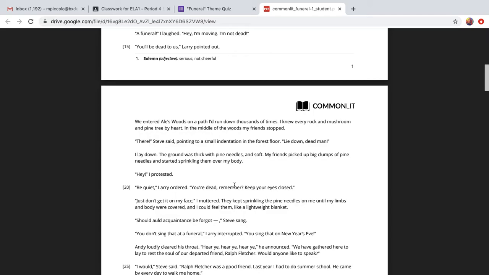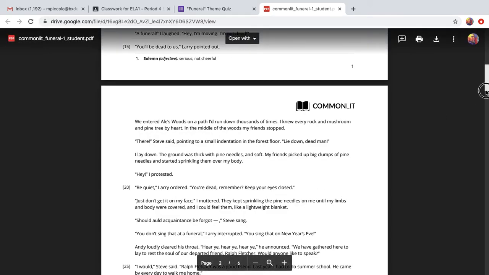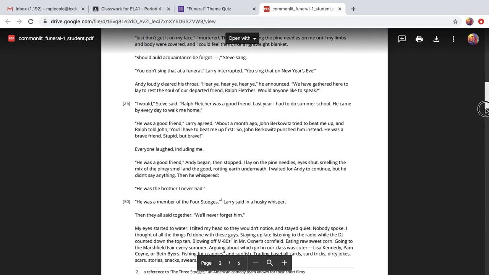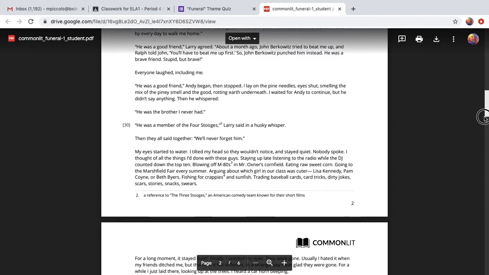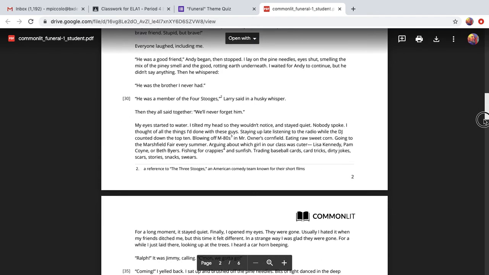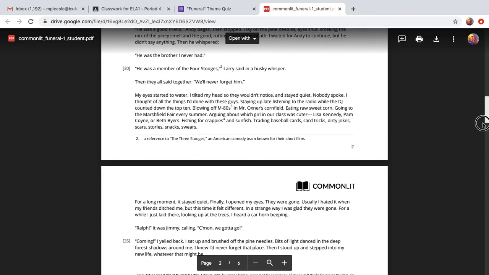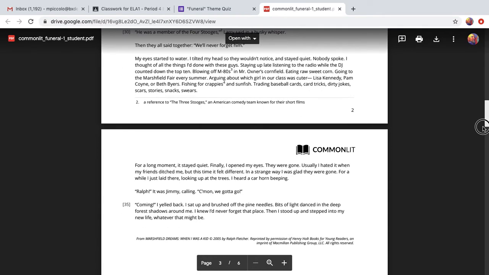And Ralph's laying there in these leaves, and he's remembering all of the times that they had as friends together. And when he opens his eyes, they're gone. And he thinks about all the good times that they've had and all the good memories and how much he loves his friends and the great childhood that they had together.